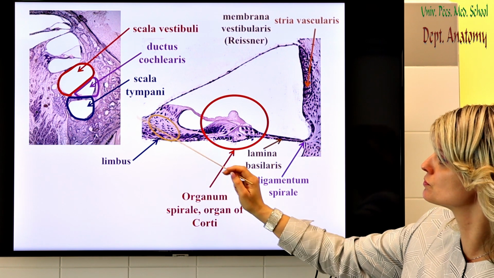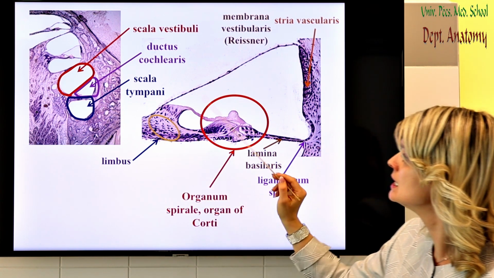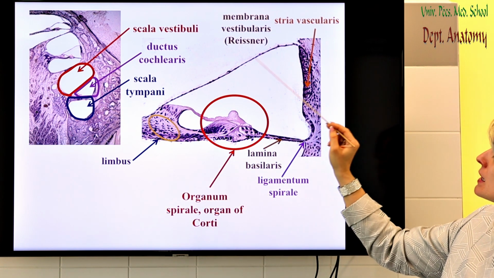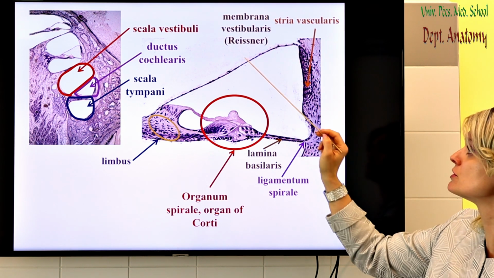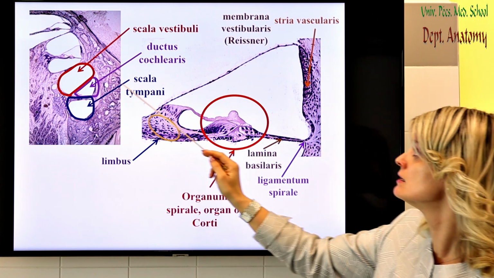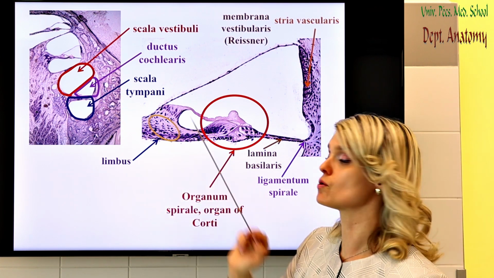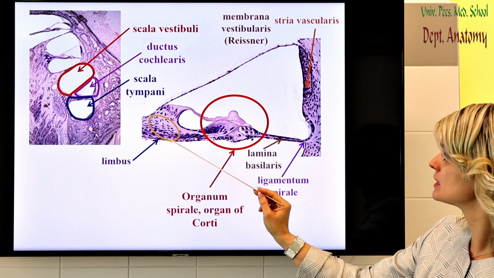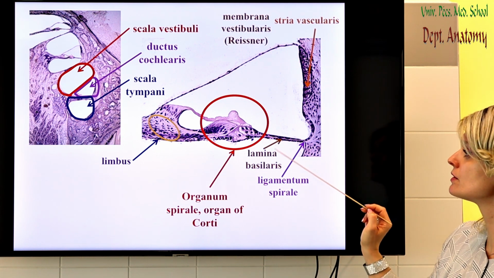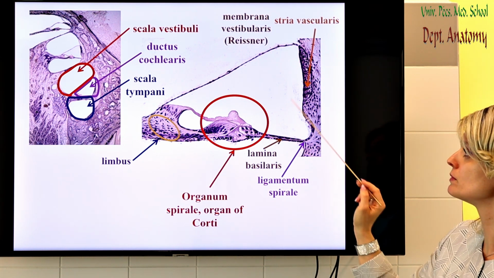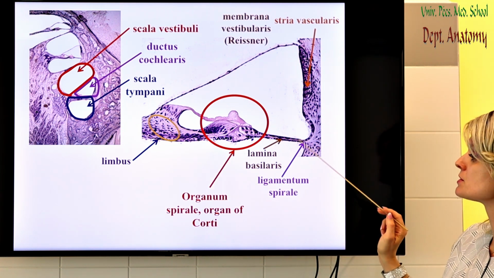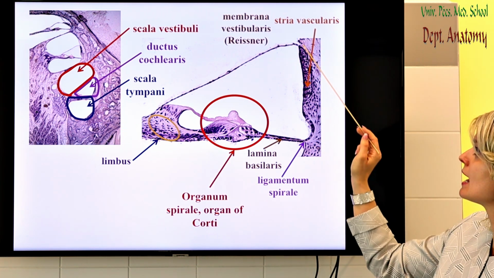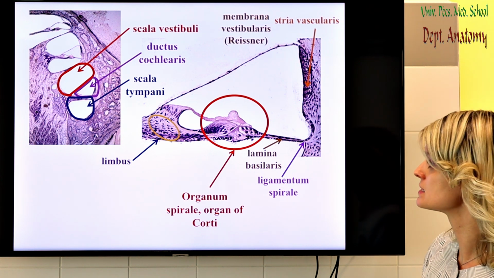So the limbus, which is located medially. The upper part is called the vestibular membrane, the Reissner membrane, which will be the border between the scala vestibuli and the cochlear duct. Here you can see the basilar membrane, which will be the border between the cochlear duct and the scala tympani. There the spiral ligament and the stria vascularis are visible.